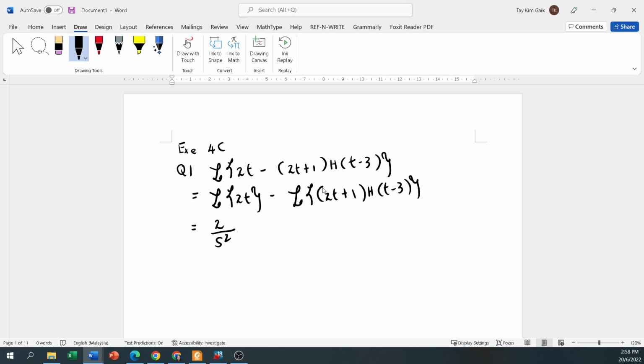And then this one, you see h(t - 3). Then t, you need to change it to t - 3.